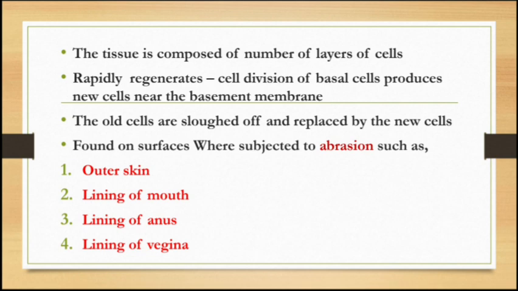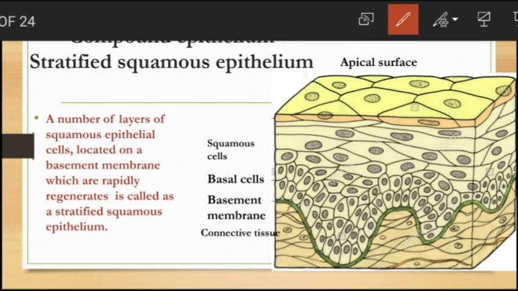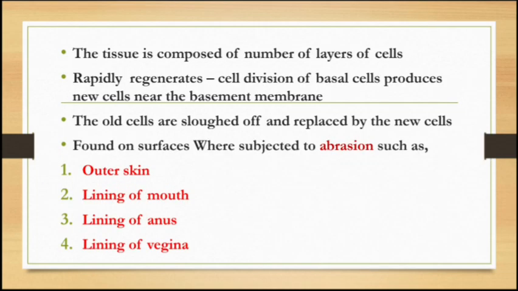Rapidly regenerates. Cell division of basal cells produces new cells near the basement membrane. Old cells are sloughed off and replaced by the new cells.